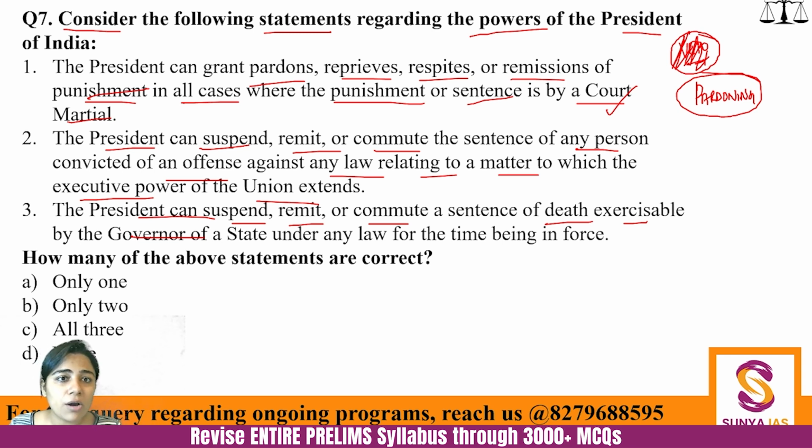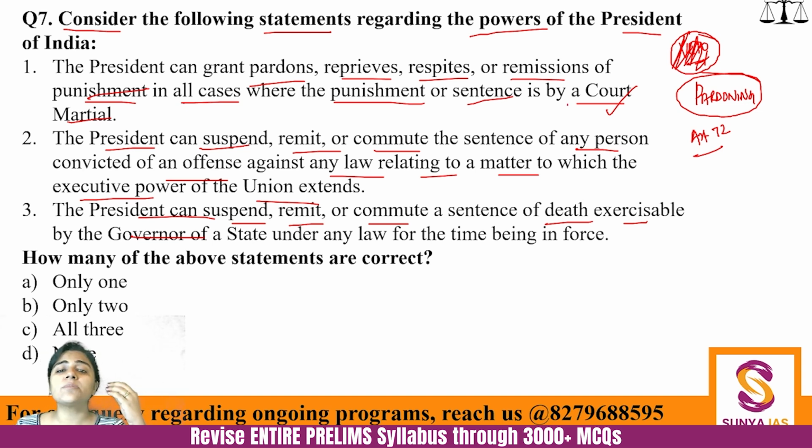And please note down that this goes under Article 72 of the Indian Constitution. So it is a constitutional power that the president has. So first statement is correct. You can simply write down in your notes, court martial, president is allowed, governor is not allowed. Governor of a state cannot pardon a particular court martial sentence.